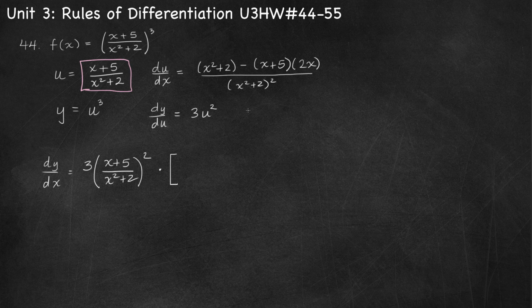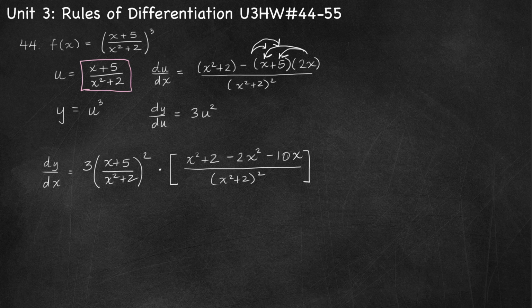I'm going to see if I can simplify the numerator there. So it's x squared plus 2, and then I'm distributing the 2x, and I'm distributing the negative 1 at the same time. So 2x times x is 2x squared, times negative 1 is negative 2x squared. And then 2x times 5 is 10x, times negative 1 is minus 10x. And all of that is over the quantity x squared plus 2 squared.